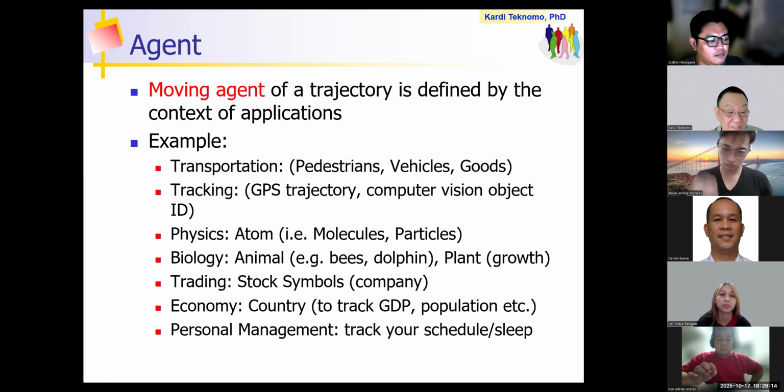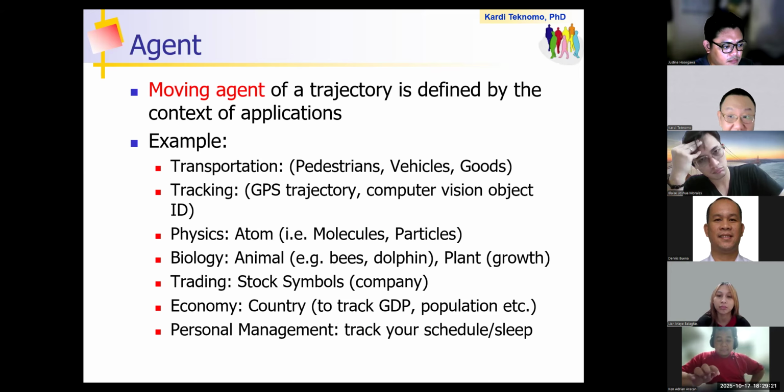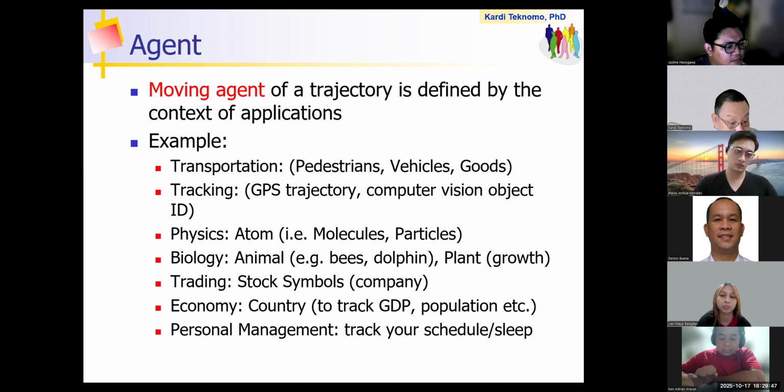So now what is an agent? Here, an agent is just a moving agent. In trajectory, it depends on the context of your application. In transportation, the agent is usually a pedestrian, maybe vehicles, maybe the goods themselves for logistics. In tracking, I am also doing tracking and computer vision, say GPS trajectory.